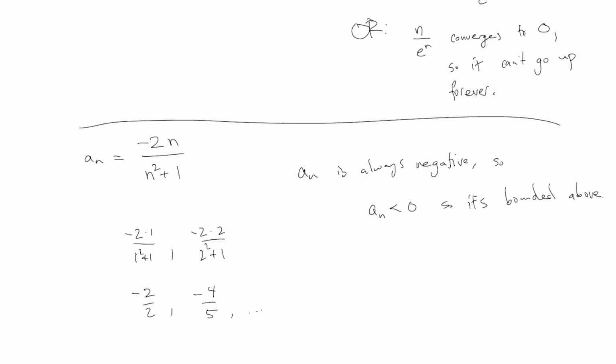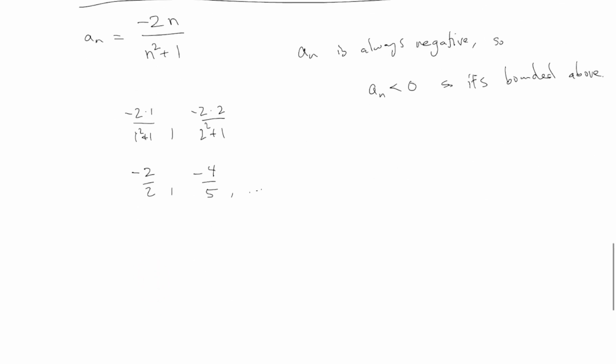Again, this is an example where you have fractions and the denominators are always bigger than the numerators. 2n plus 1, here they're equal, but otherwise the denominator is always bigger than the numerator. And so that one right there is kind of like the most negative one.